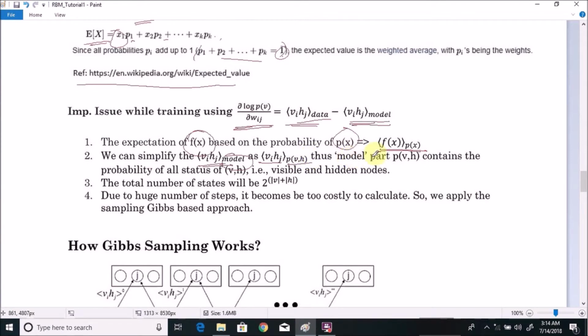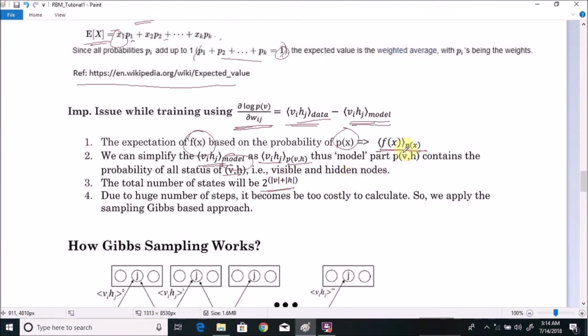Thus the model part, the probability of visible and hidden states, contains the probability of all states of visible and hidden nodes. So in this case the total number of node states will become 2 to the power of the total number of visible states plus the total number of hidden states.